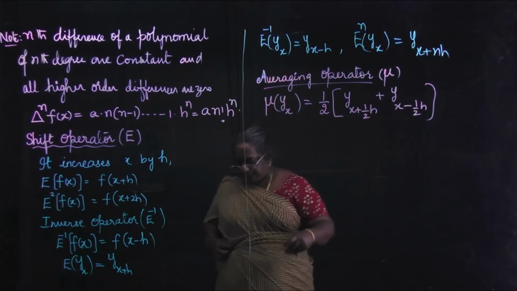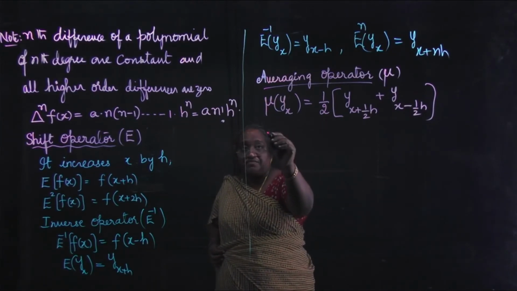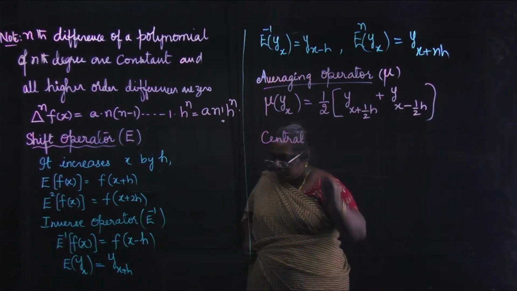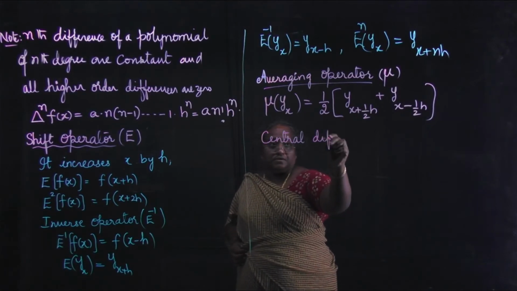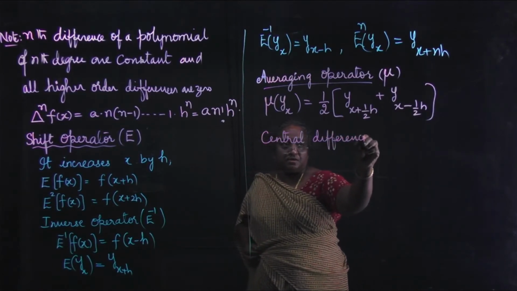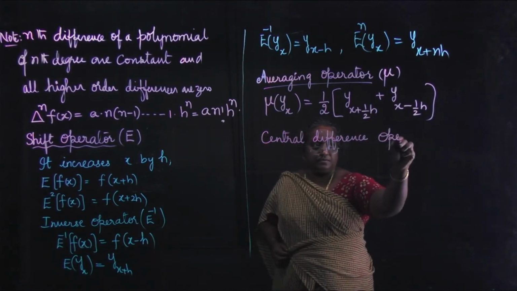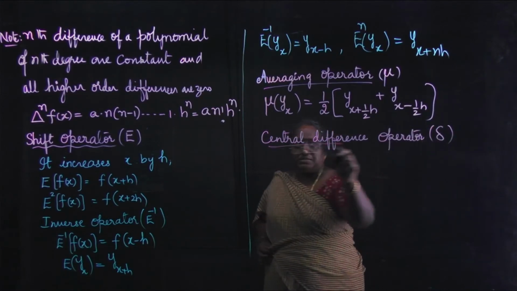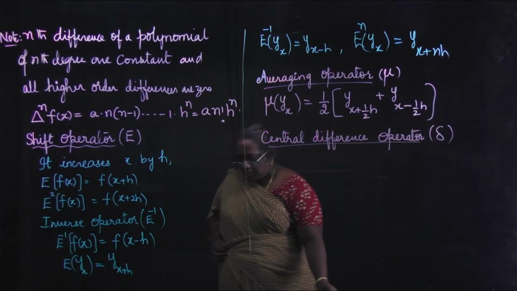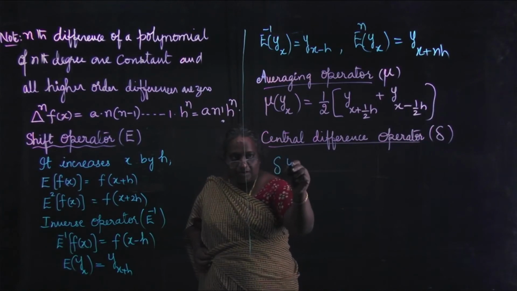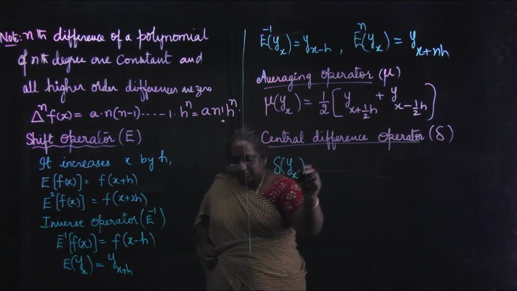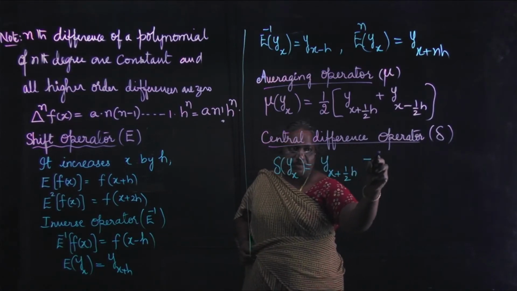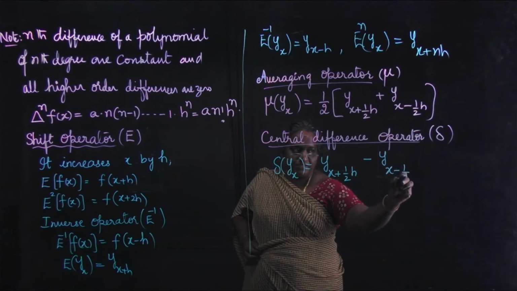Next, we have the central difference operator. It is indicated with delta, and it is nothing but delta of y x is equal to y of x plus half h minus y of x minus half h.